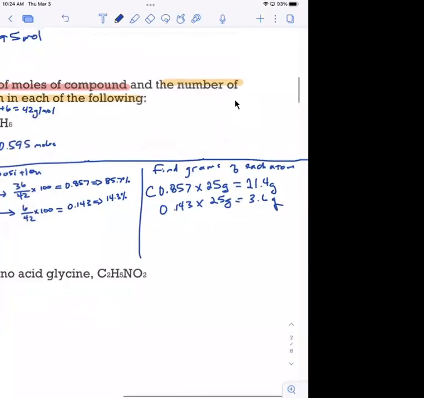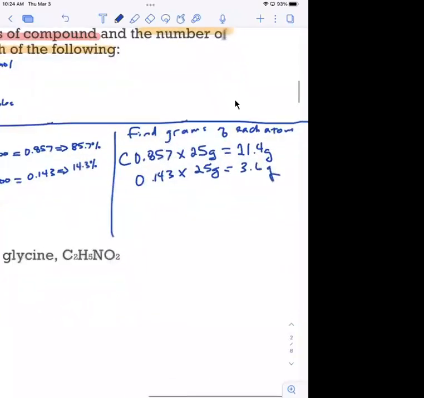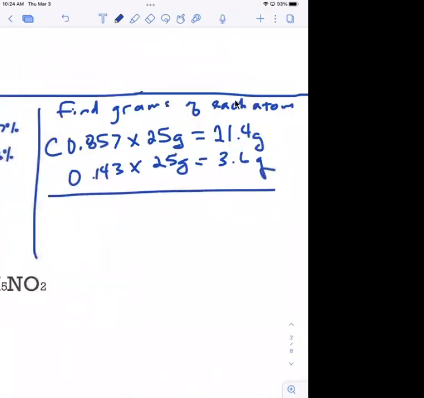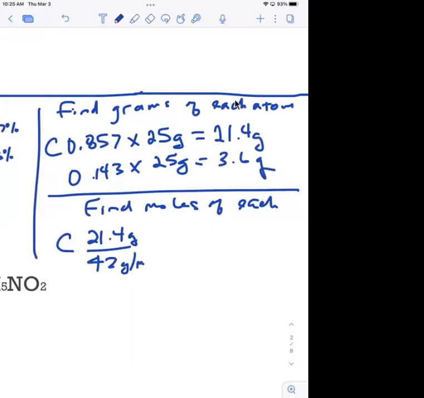So now what we can do after we find the grams is find the moles, which is a simple calculation. You can find the moles of each by taking the grams, 21.4, this is for carbon, over 42 grams per mole.